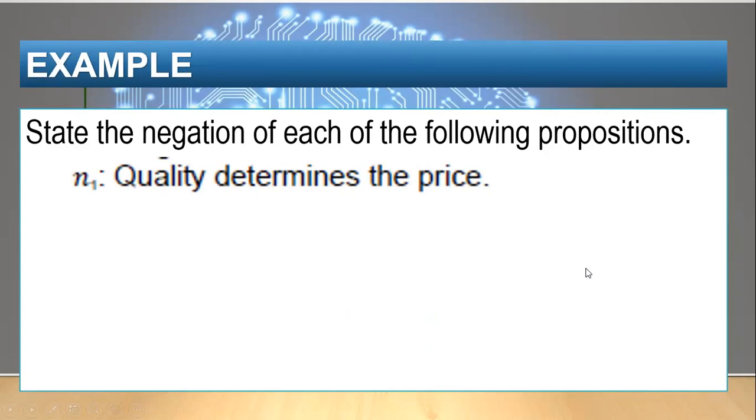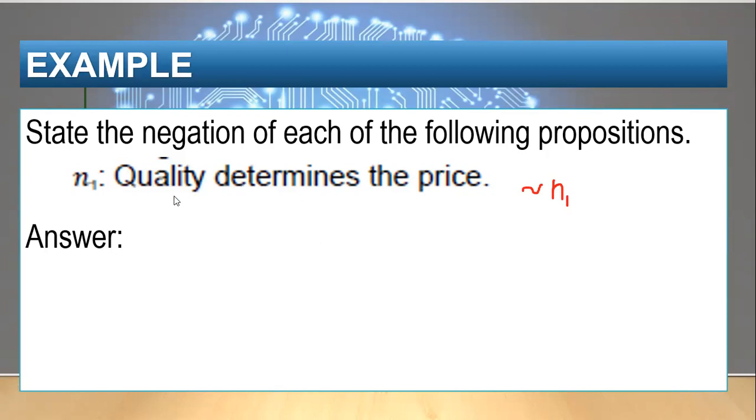Okay, so let's have an example. We state the negation of each of the following propositions. We have proposition N sub 1. Quality determines the price. Okay, so gawin nating not N sub 1.